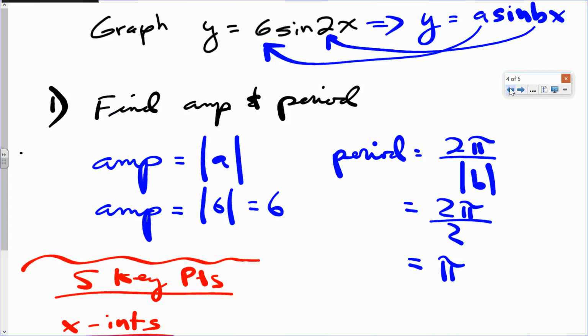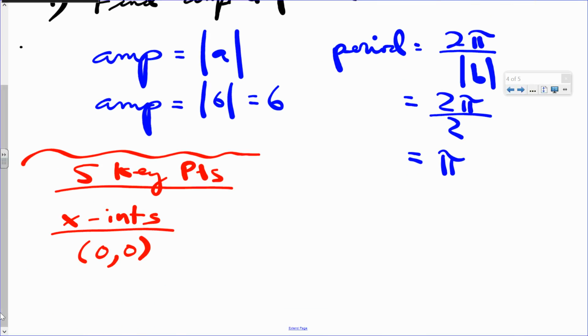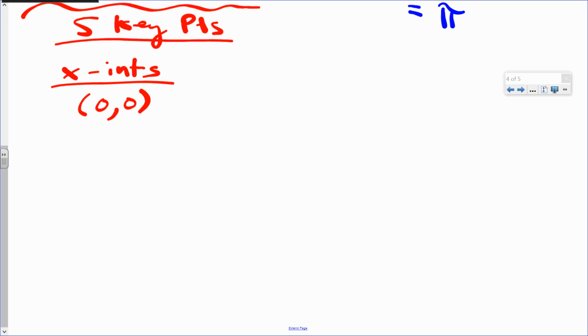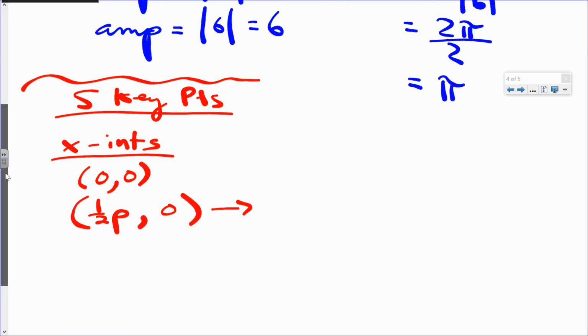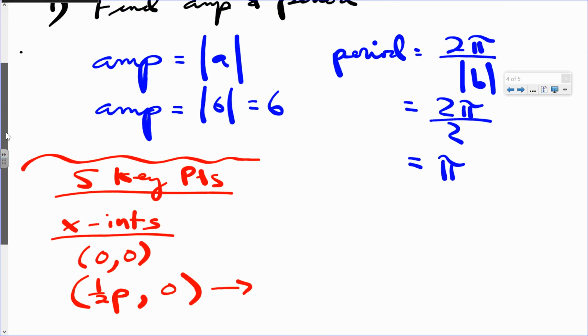Okay, next x-intercept is going to be at 1/2 the period. I put 1/2 P, where P means period. I put that in a little cloud here, just to remind you that A means amplitude and P means period. So 1/2 the period, 0. What was the period again? 1 pi.